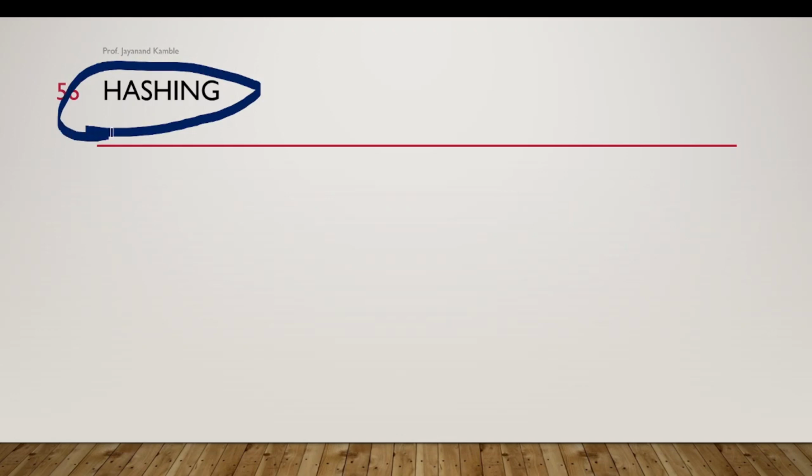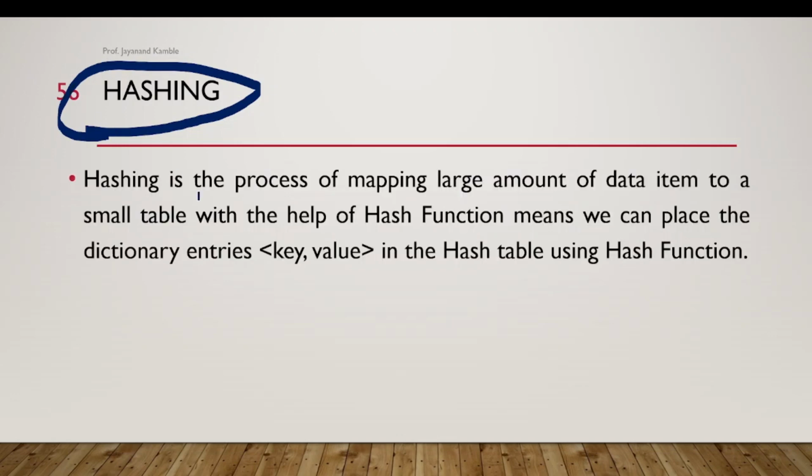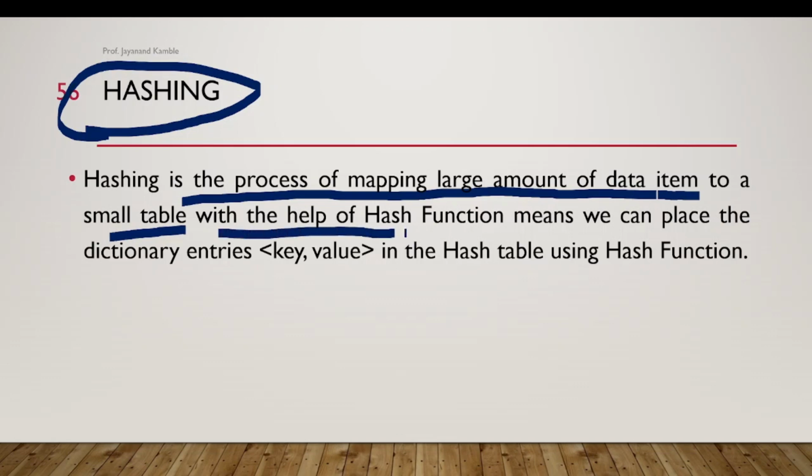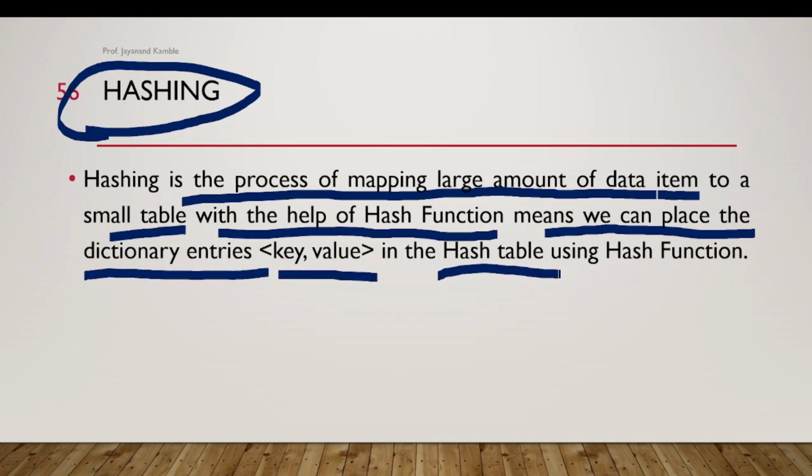Now what is meant by hashing? Before understanding hashing, we need to know hash table and hash function. Now let's understand what hashing is. Hashing is the process of mapping a large amount of data items to a small table with the help of hash functions. That means we can place the dictionary entries, that is key comma value, in the hash table using a hash function.